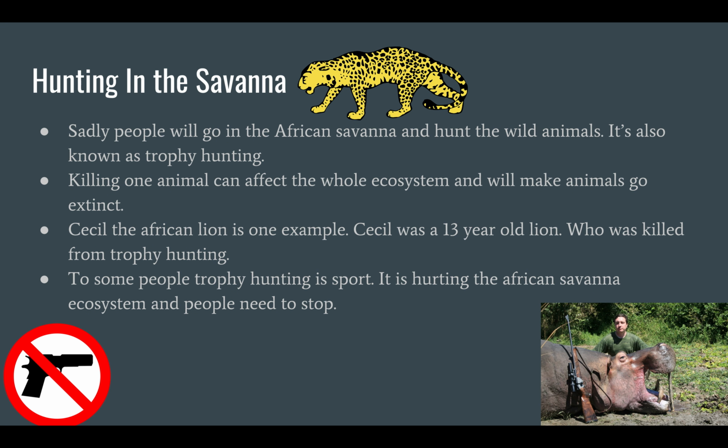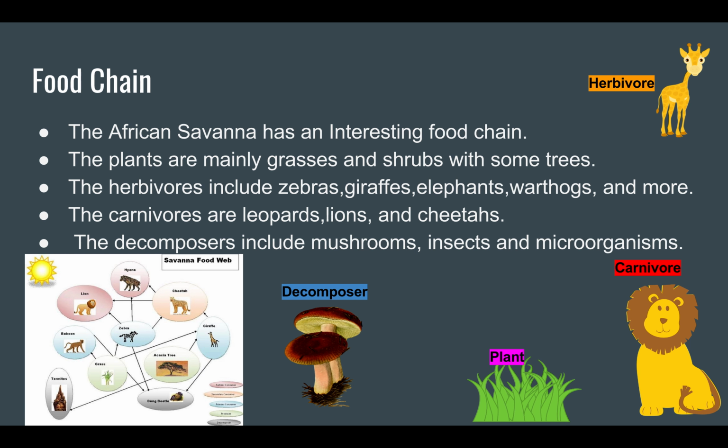He was a 13-year-old lion and was killed by a dentist from trophy hunting, and it affected the whole ecosystem. Some people classify this as a sport, which it shouldn't be in my opinion because it's hurting the environment and the ecosystem, and it needs to be stopped.